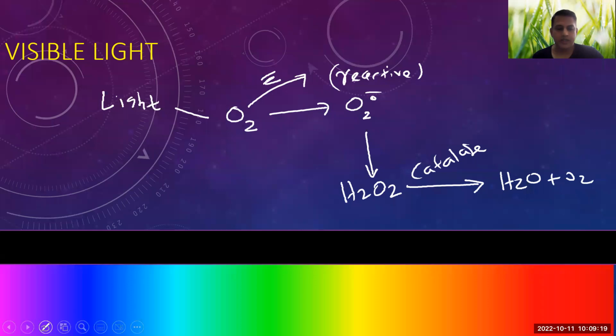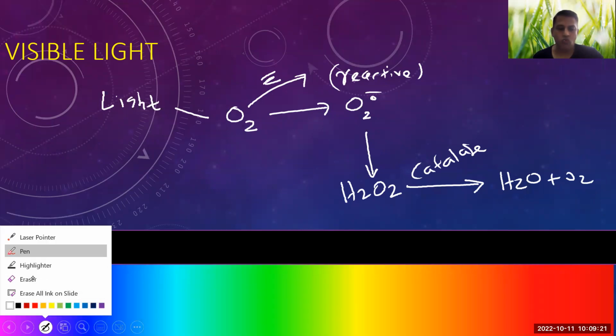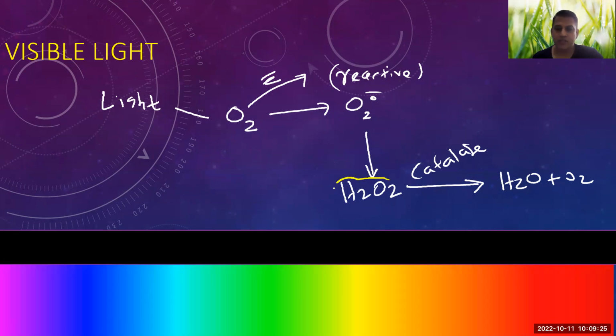Now you have learned why hydrogen peroxide is produced and why it is important to detoxify it. Because this hydrogen peroxide can also convert into other reactive oxygen molecules like OH. These molecules can damage the organelles, membranes and DNA.